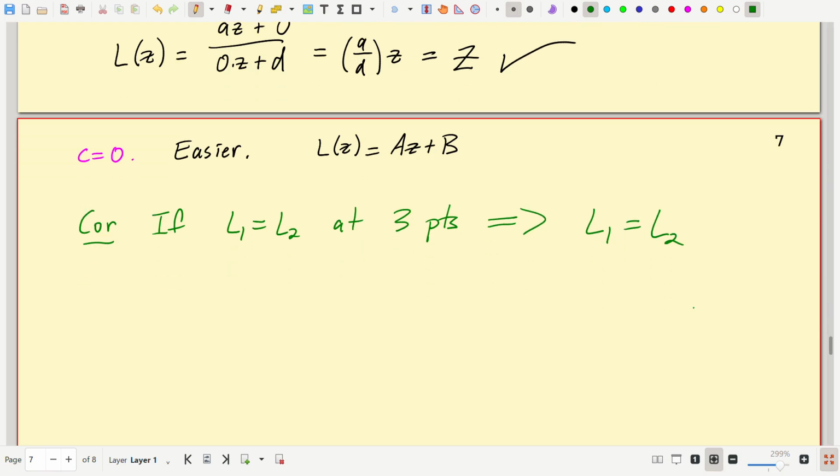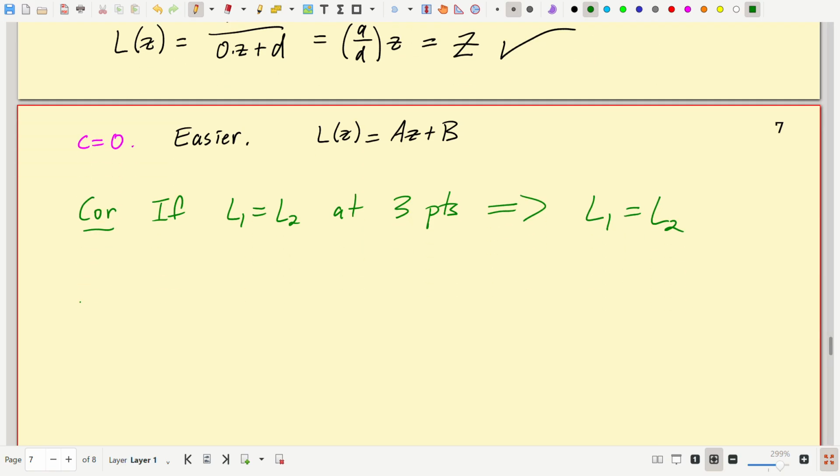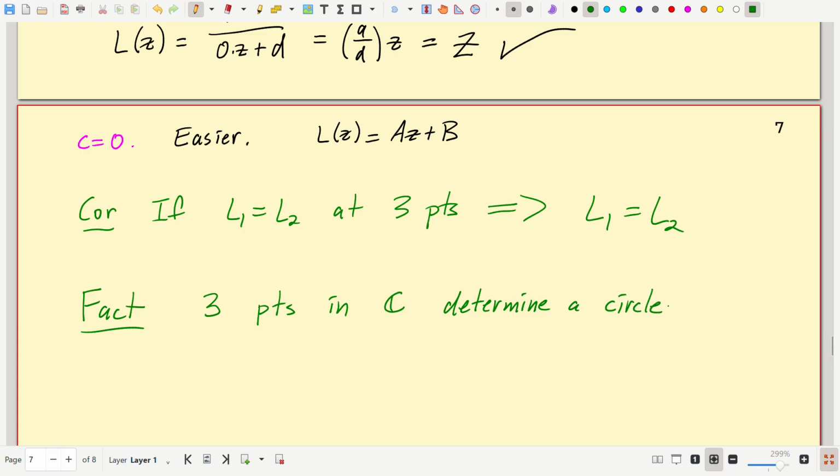And an exciting fact that makes 3 special is 3 points determine lines and circles. So fact, 3 points in C determine a circle uniquely. And 2 points plus the point at infinity determine a line. So let's see, 2 points.